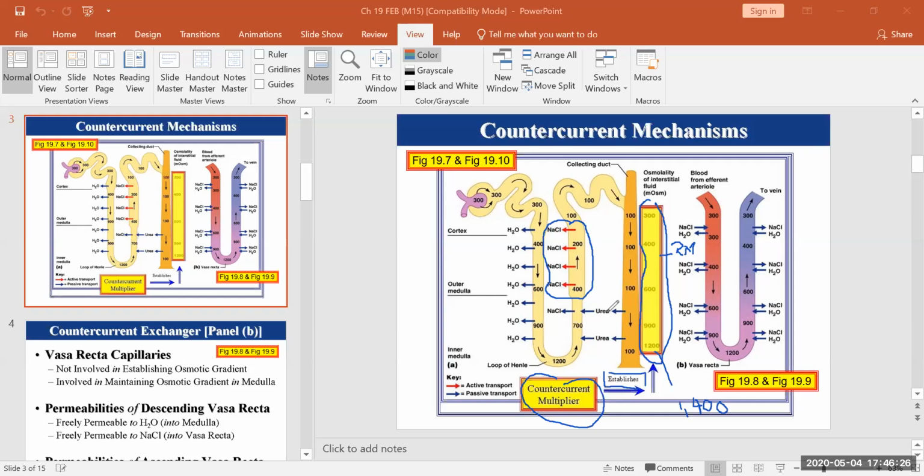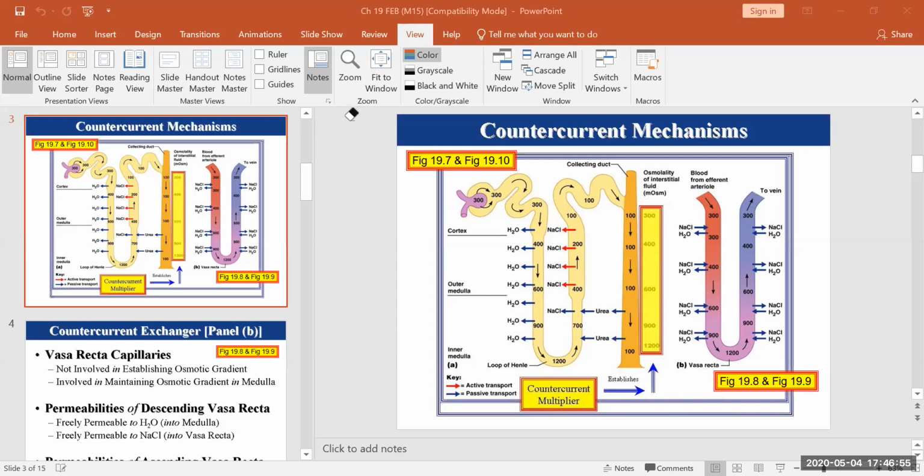If ATP runs out, this is off. There's no more osmotic gradient. Okay, so that osmotic gradient requires a constant input of energy. Okay, so that's the countercurrent multiplier, setting it up.